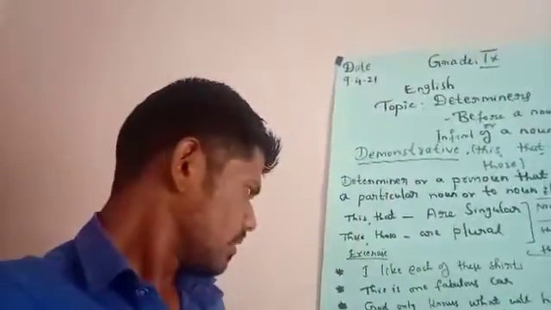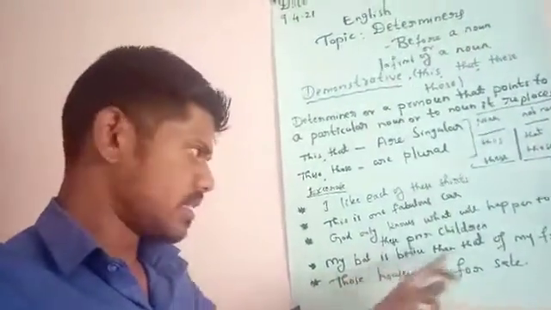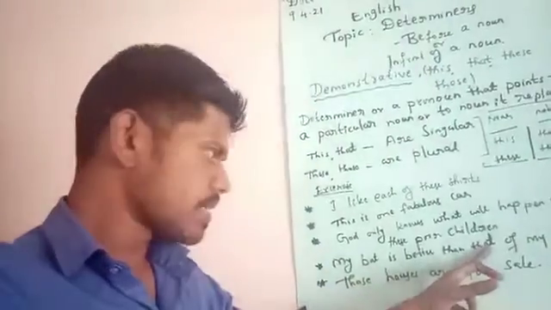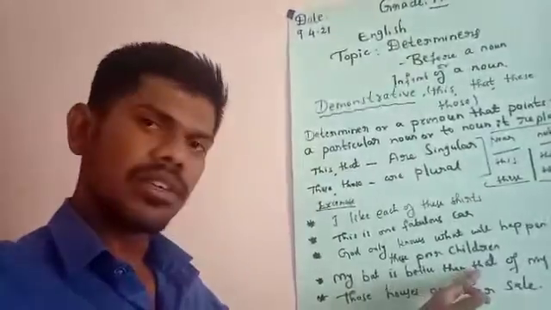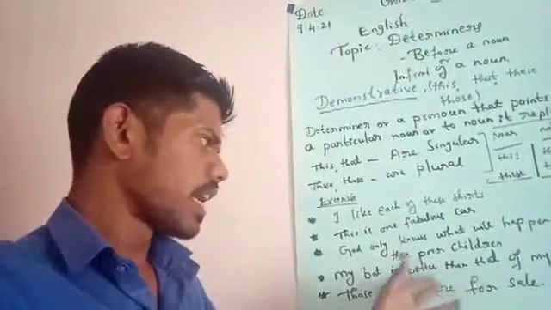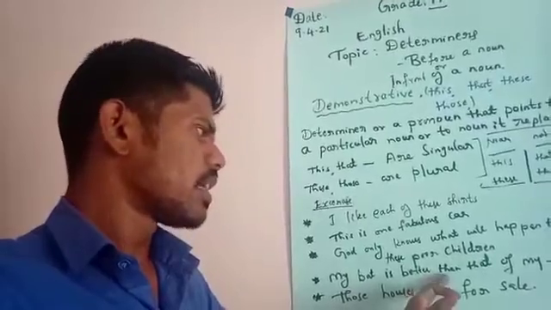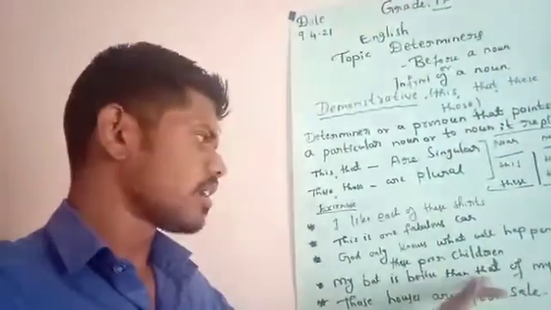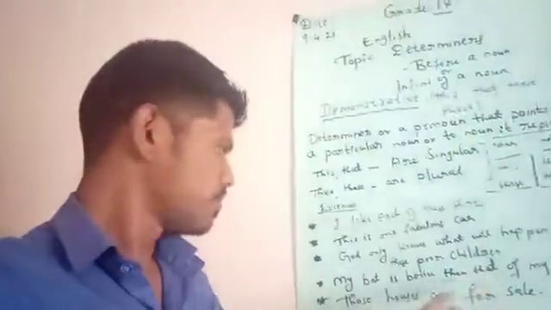Here, that is replacing the noun bat in the sentence. So I did not use bat again. I could say my bat is better than the bat of my friend. I can use that, but I did not. Instead, in order to replace it, I have used the pronoun that.